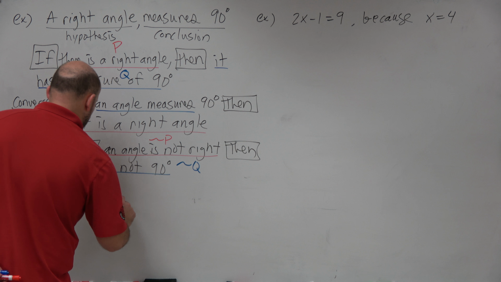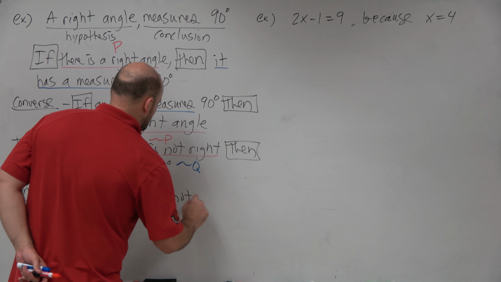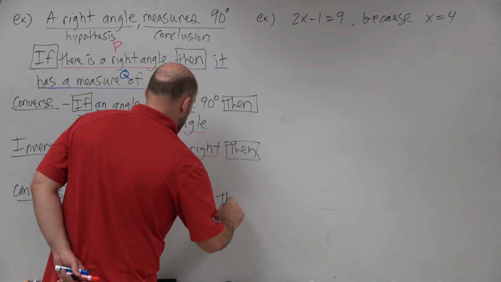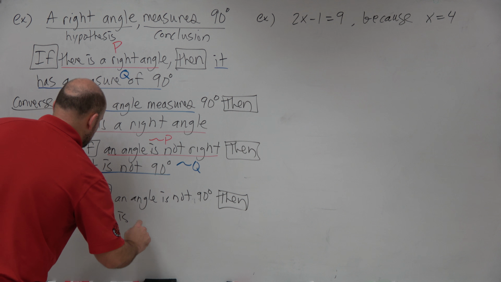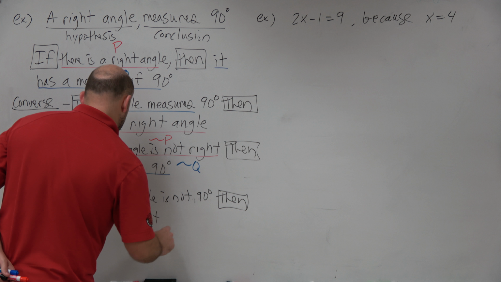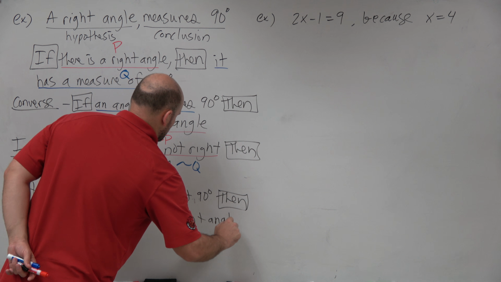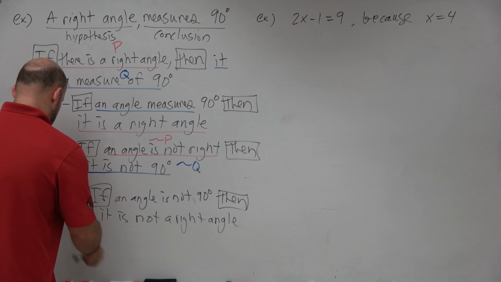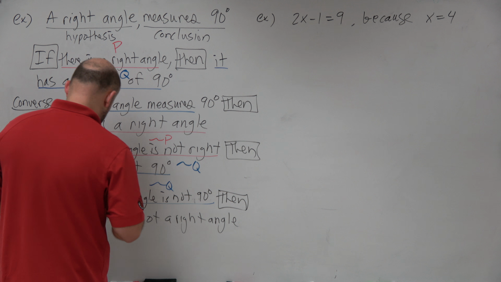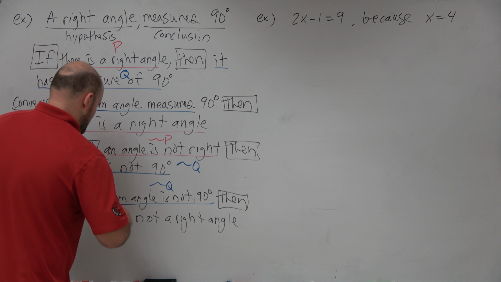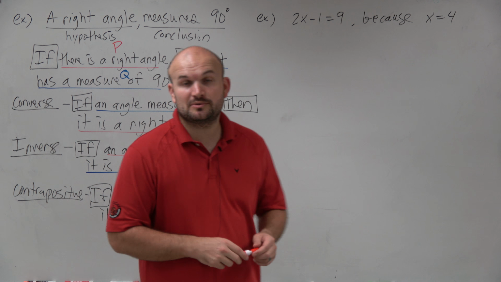So, if an angle is not 90 degrees, then it is not a right angle. And you can see what we did is the not Q and then the not P. And there go all your basic statements.